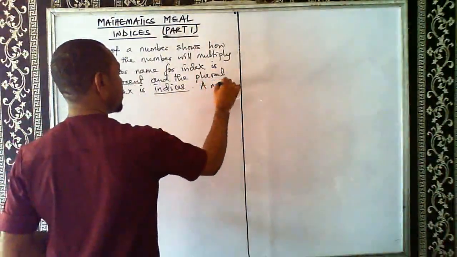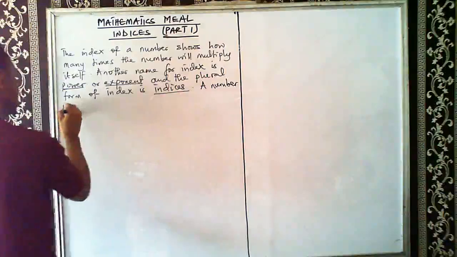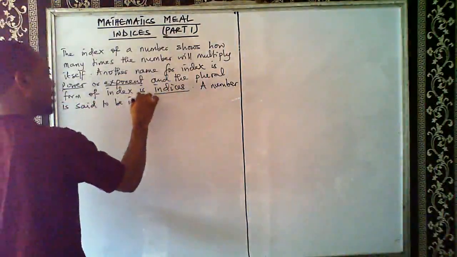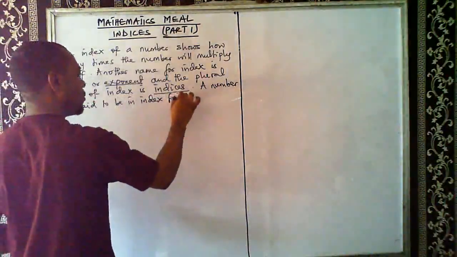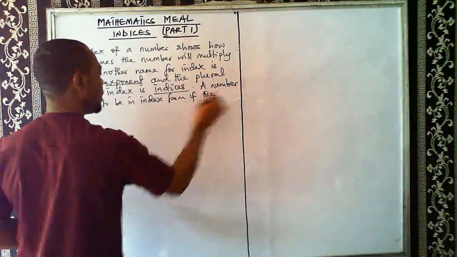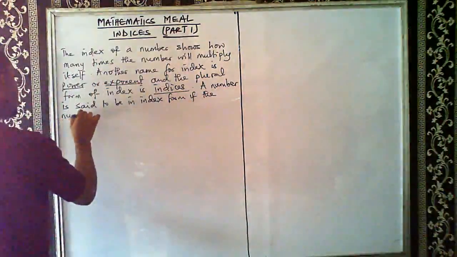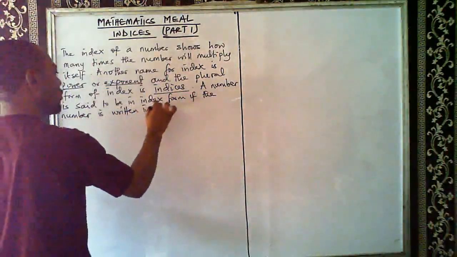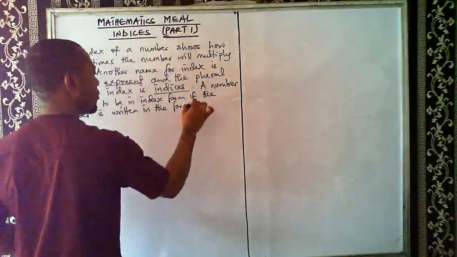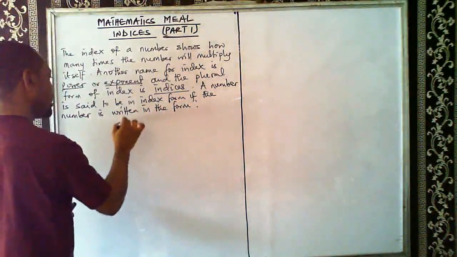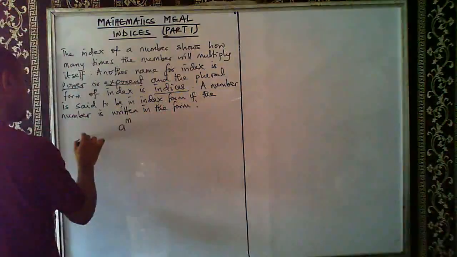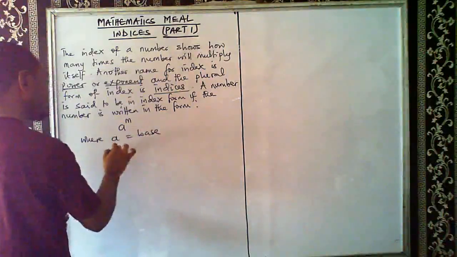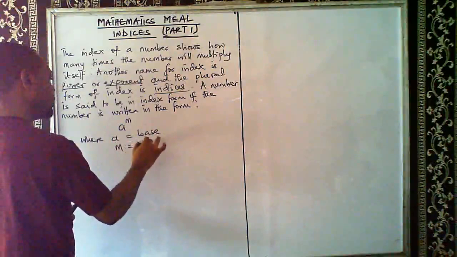A number is said to be in index form if the number is written in the form a to the power m, where a is the base and m is the power, or index.